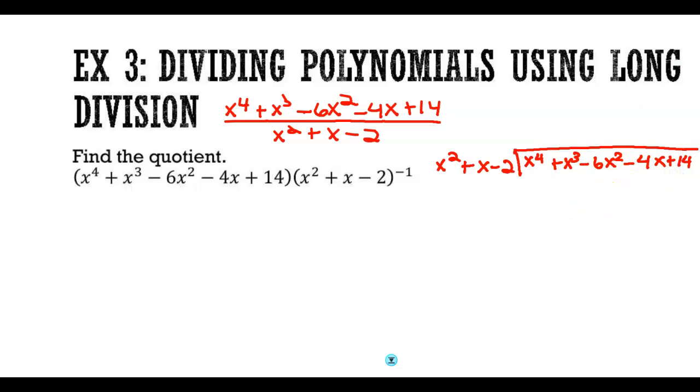All right, so again, I know it looks daunting because I have a trinomial on the outside here, but just remember the pattern that we went through. First term with first term. So I'm thinking, how many times does x squared go into x to the fourth? Or x squared times what is going to give me x to the fourth? Well, that's going to be x squared. X squared times x squared is x to the fourth.